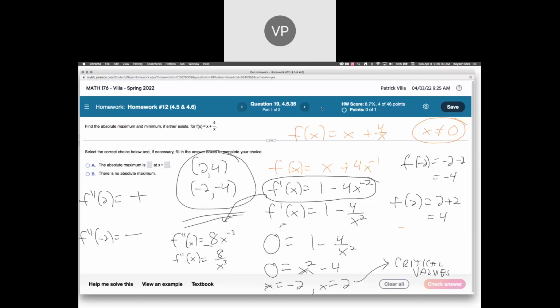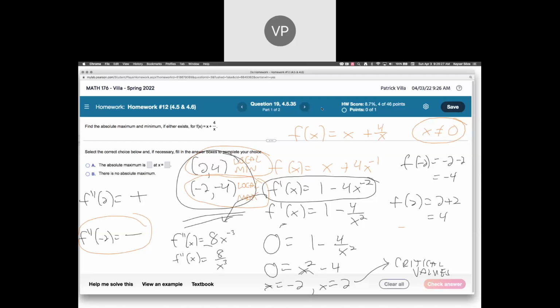So what I know is when you plug in 2, you get a concave up graph. That means this is a local minimum. And this is a local max. Remember, because it's concavity, if you have a concave up graph, that means this point is at the bottom of it. Here you have a concave down, which means this point is at the top of it.